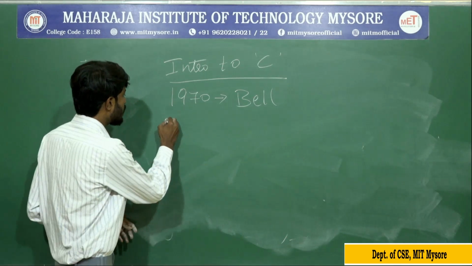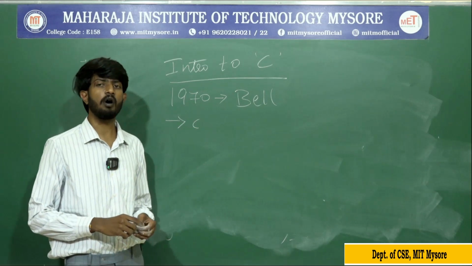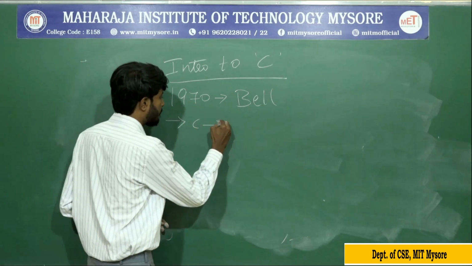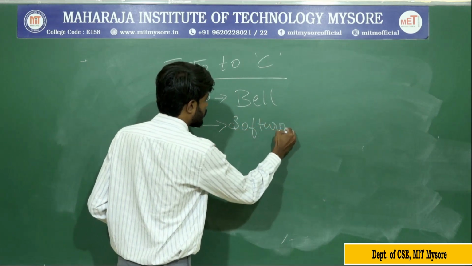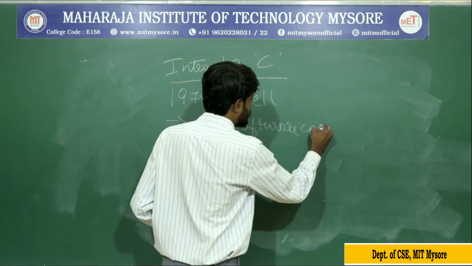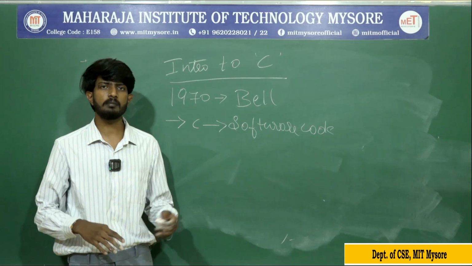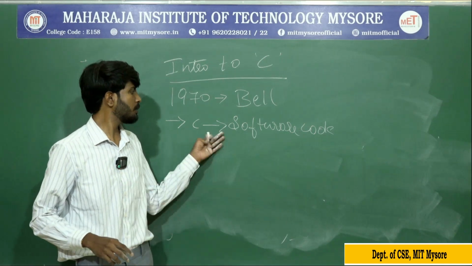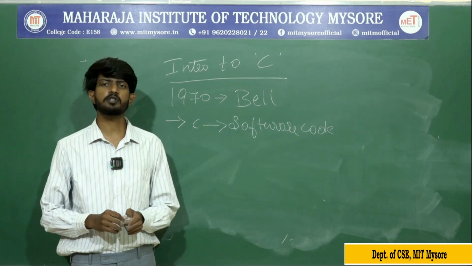C programming was used to write software code. To develop any software we need to write some program, so C was introduced to develop software.